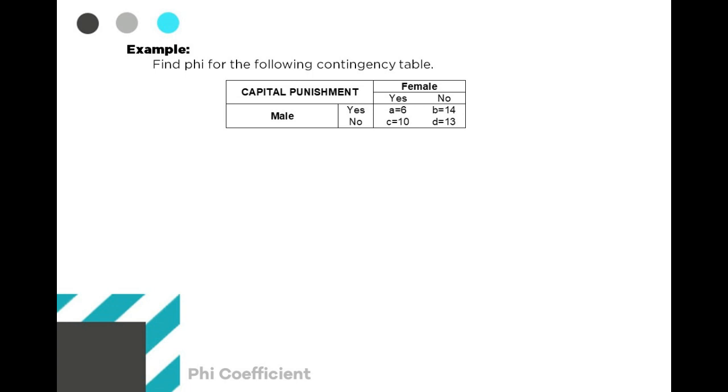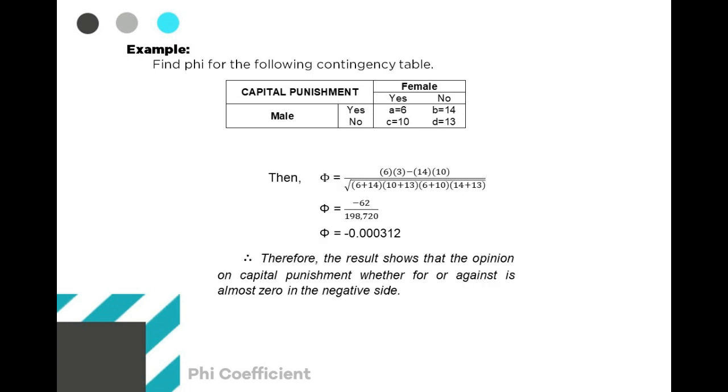You can check the standard that we can use for this phi coefficient in our handouts so we won't get confused. In computation, it is very easy. We will just be substituting the values of A, B, C, D. Then we get our r, or the phi, which is equal to 6 times 13 minus 14 times 10 over the square root of the quantity 6 plus 14 times the quantity of 10 plus 13 times the quantity of 6 plus 10 times the quantity of 14 plus 13.